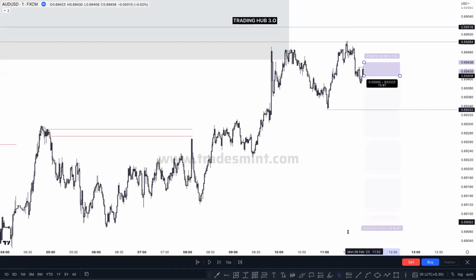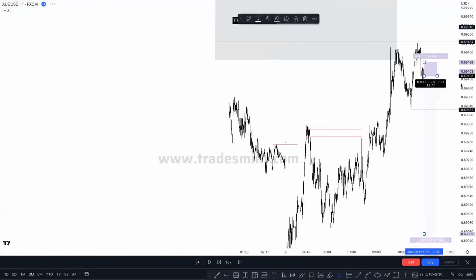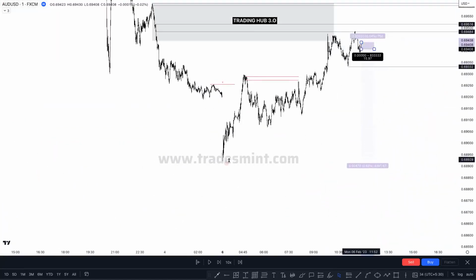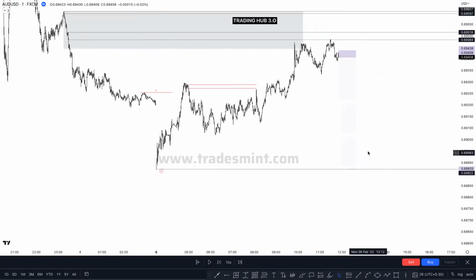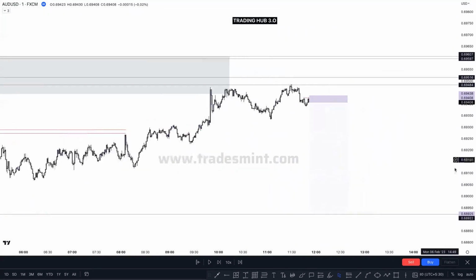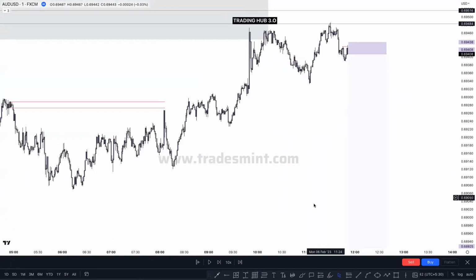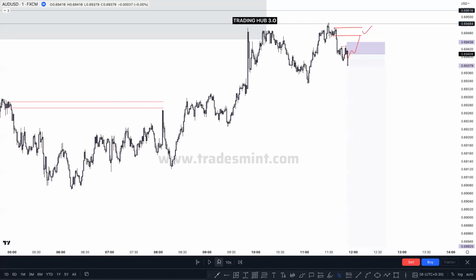You have to put your stop loss on break even, and the major target is right here. Okay. And if the market continues higher to mitigate this one, you can also sell here, right? Because this is our high probability entry compared to the first one, right? So you have to prepare on both sides, the probability is here.